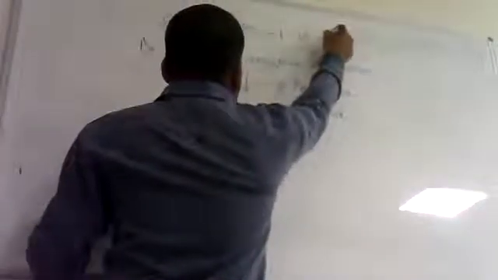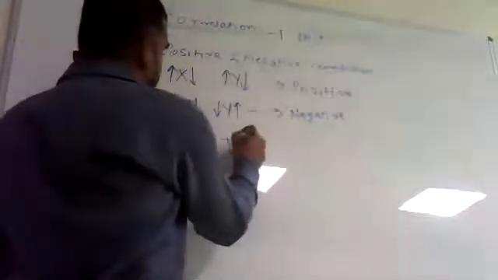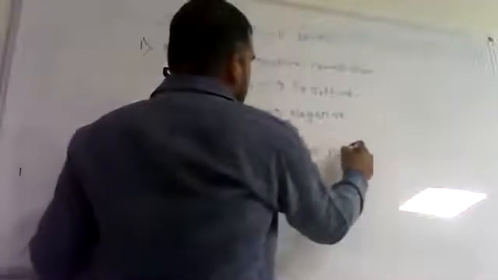Now we have seen that range of correlation is -1 to +1. When correlation RXY between x and y is +1, then it is called as perfect positive correlation.